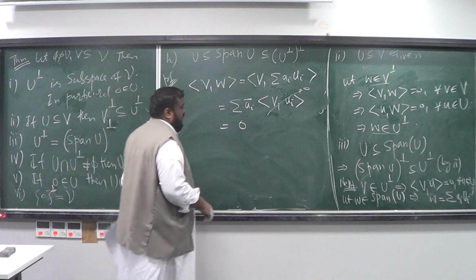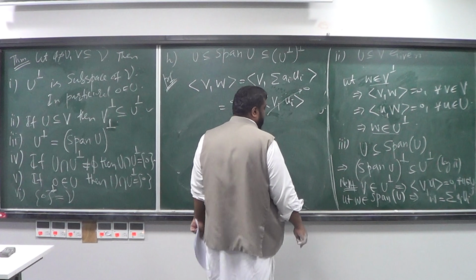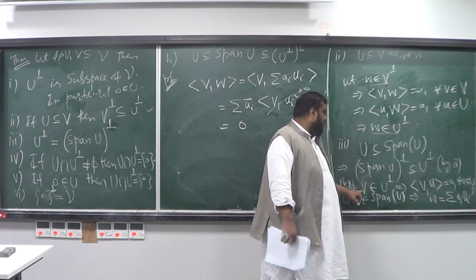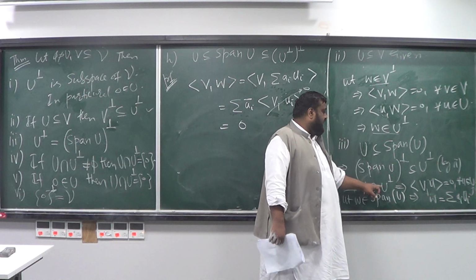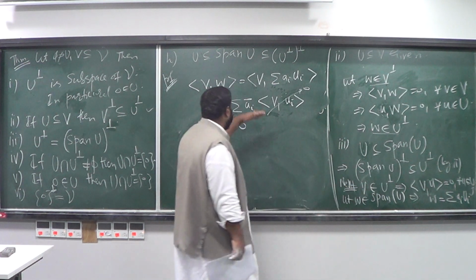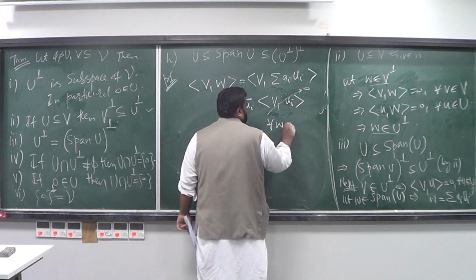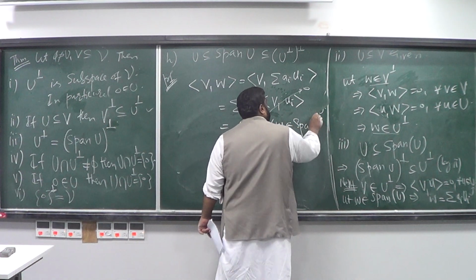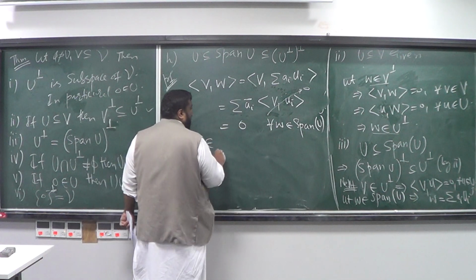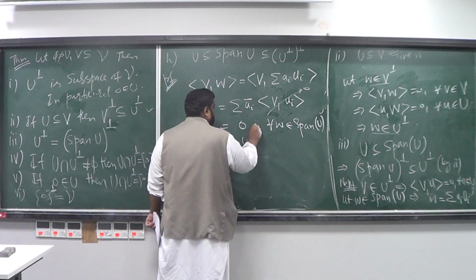So what does this show? We picked an element from U perp, and we picked an arbitrary element W from the span of U, and we showed that V is orthogonal to every element in the span of U, so I can say that for all W in span of U. So this means that V also belongs to the perp of the span of U actually.